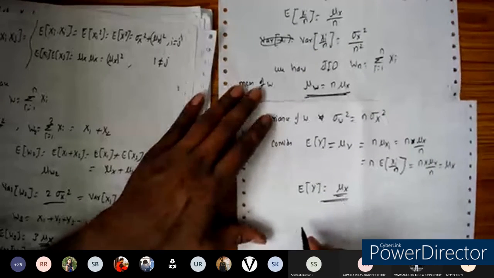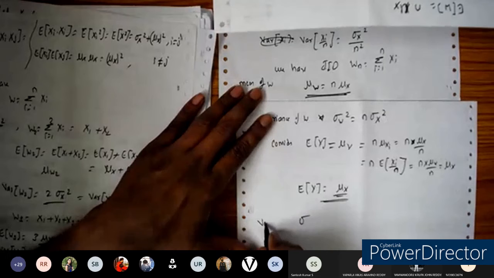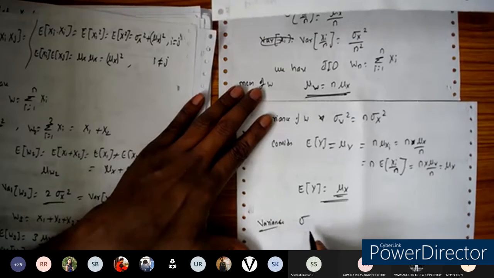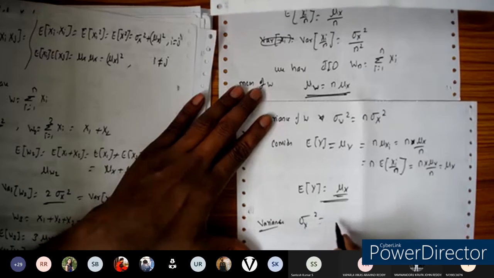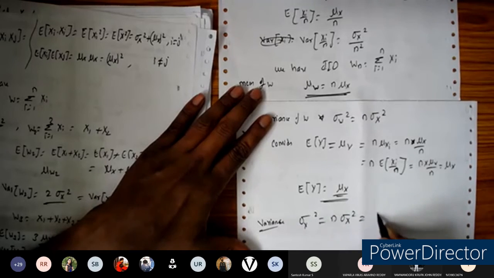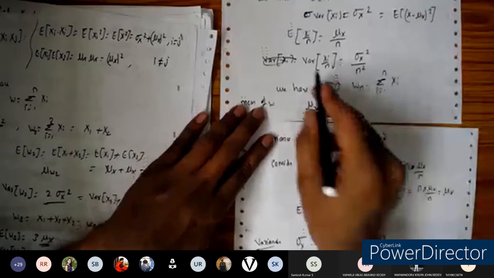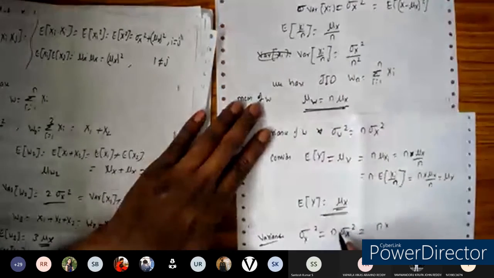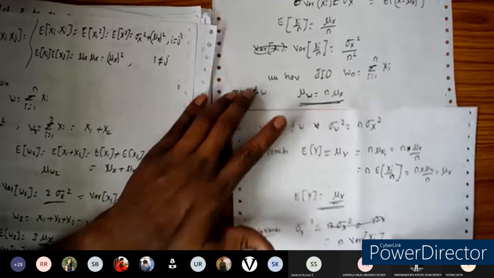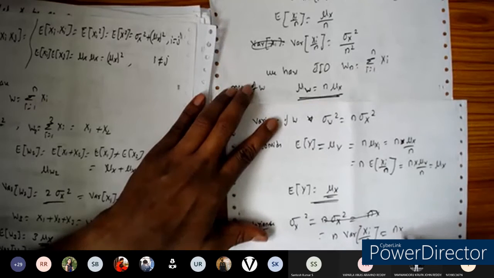Similarly, we can take the variance of that one, sigma y square. This will be equal to n into sigma x square. Let me rewrite here for more clarity: n into variance of xi by n, so it is n into sigma x square divided by n square.